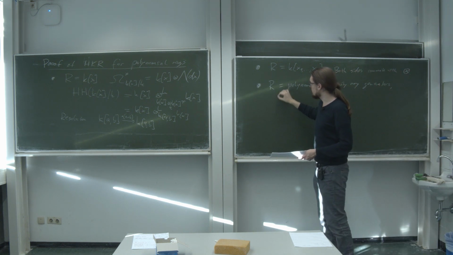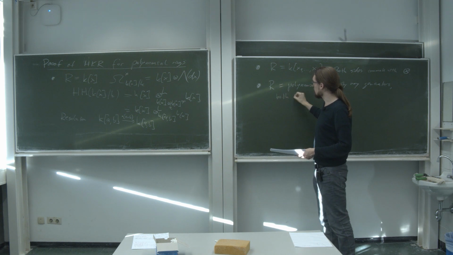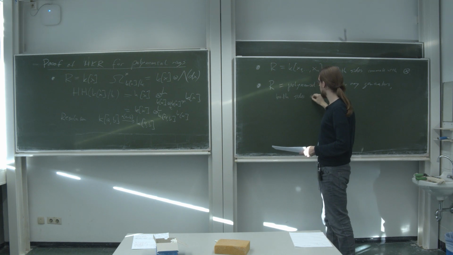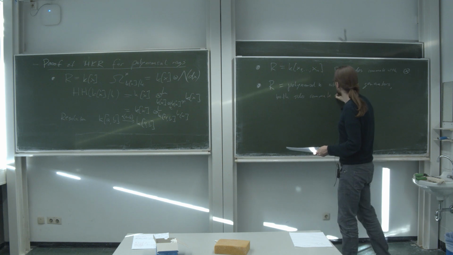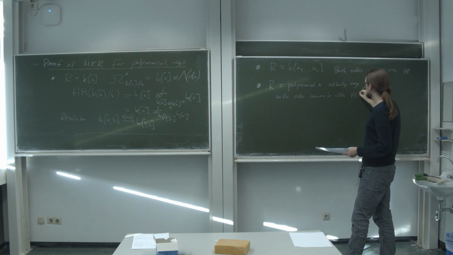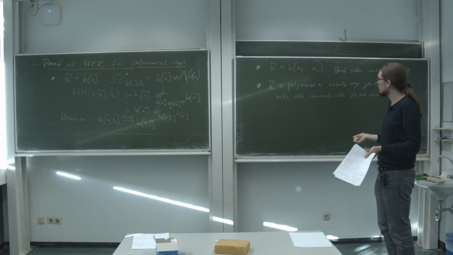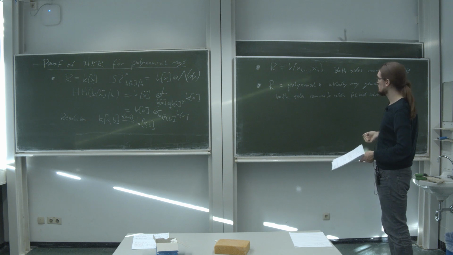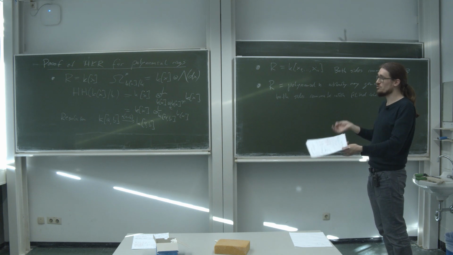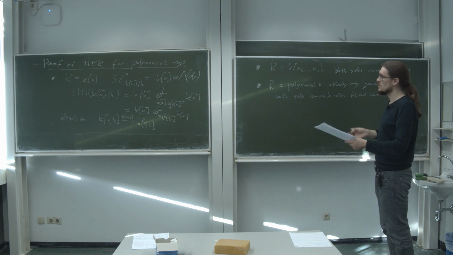So in this case, it follows from the fact that both sides commute with filtered colimits, which for the de Rham complex basically follows from the fact that it had a generators and relations description.